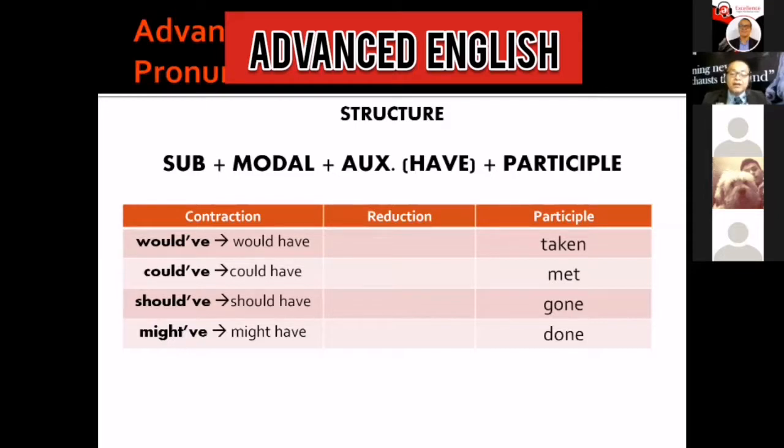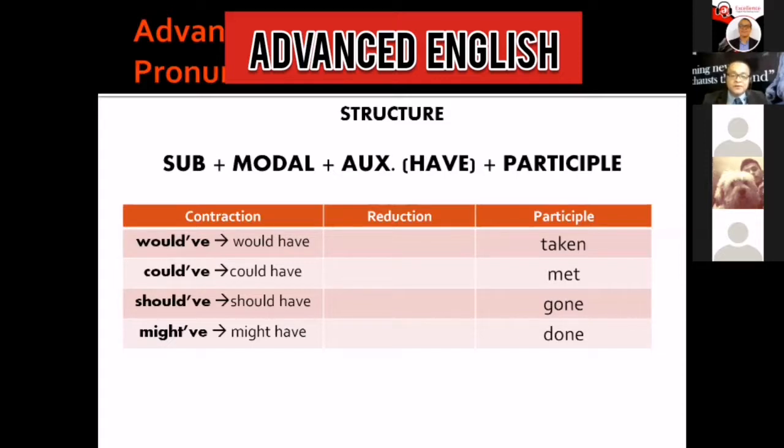Good. Now let's use could have. Could have taken. Could have met. Could have gone. Could have done. All right, now let's use should have.